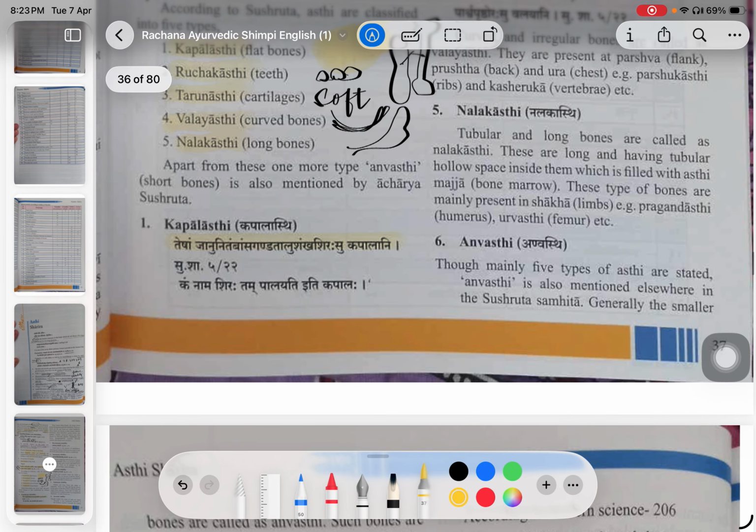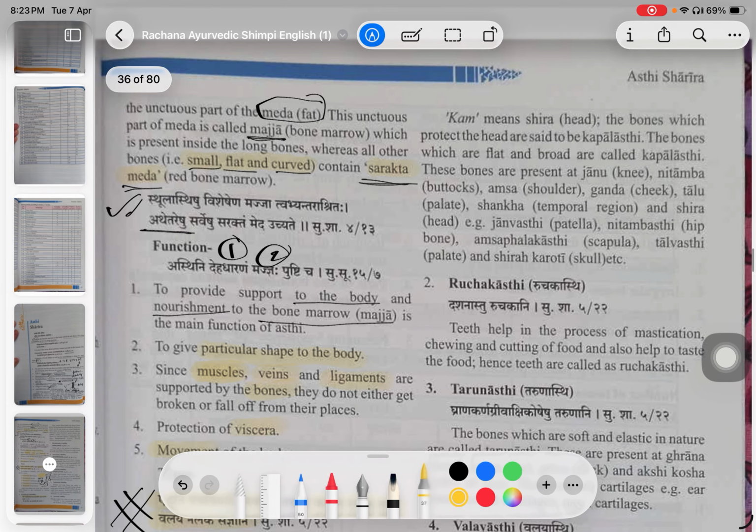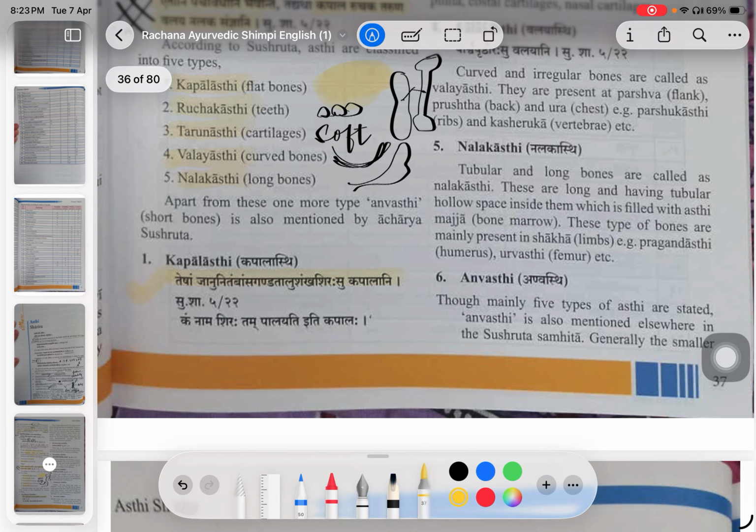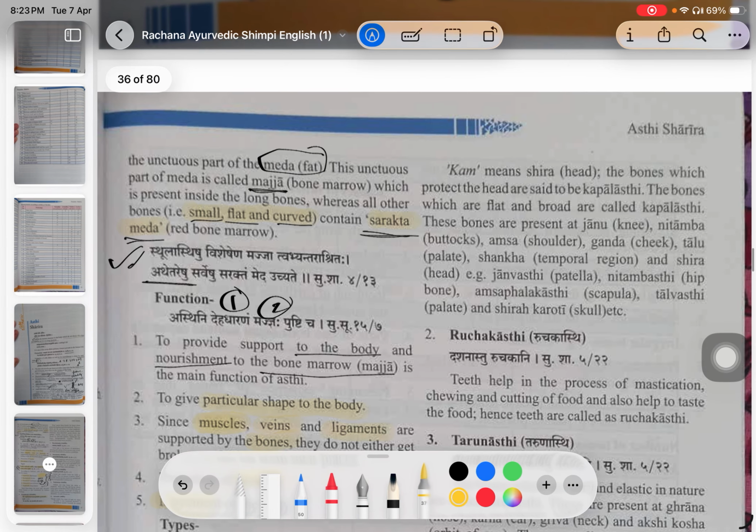You can also read the examples from here. This shloka is important. We can also read the other shloka: Kam nam shira tam palayati iti kapalam. So almost all the skull bones come under Kapalasthi because they are mostly flat bones.